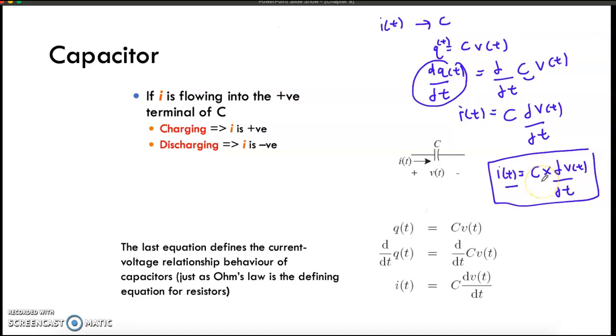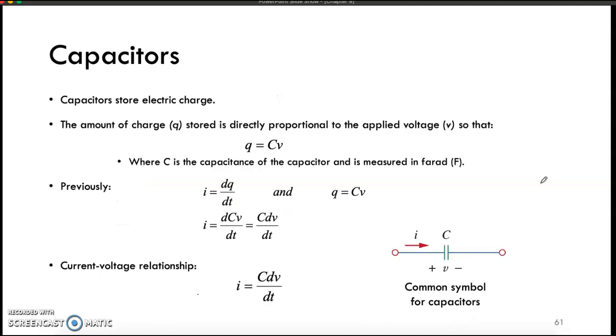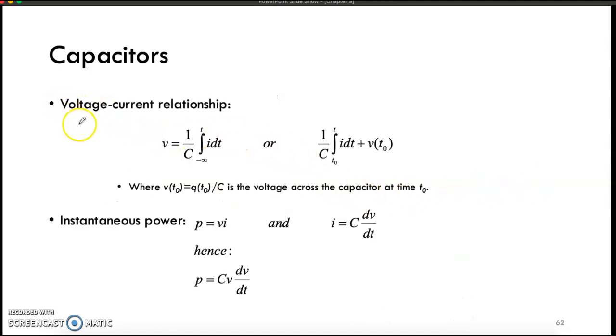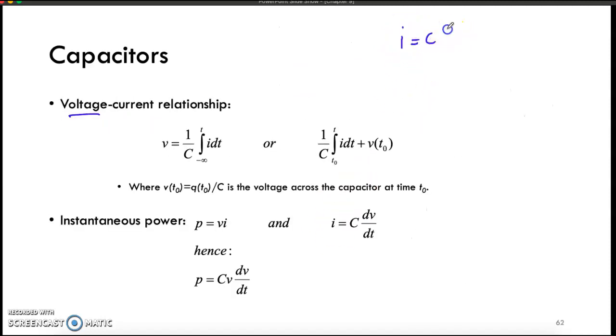Let's see the voltage relationship. You know just now the formula is i equals C dV over dt.